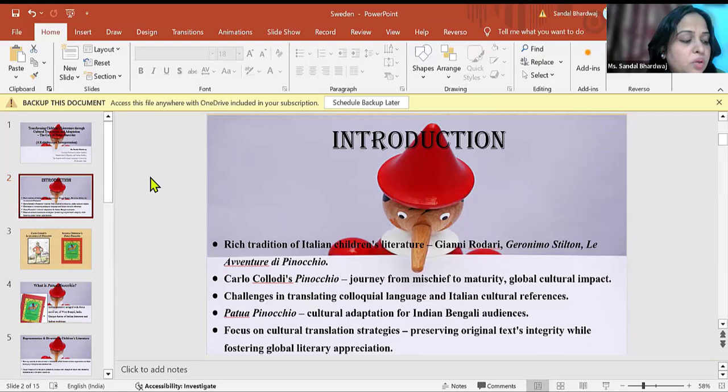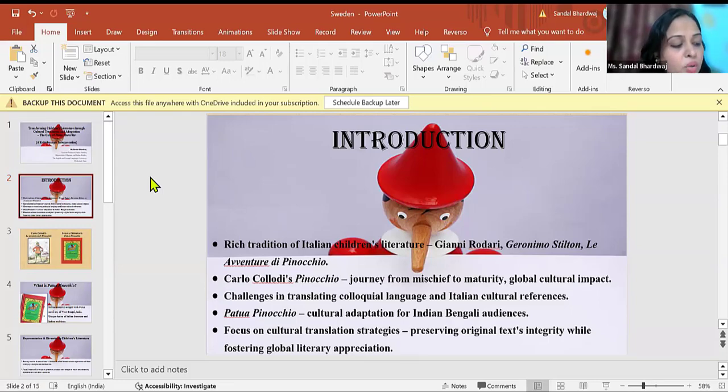Works like those of Gianni Rodari, with his whimsical tales and playful language, and Adventures of Geronimo Stilton, created by Elisabetta Dami, have captivated young readers worldwide. Among these famous works, one classic timeless work which represents the heart of Italian storytelling is Le Avventure di Pinocchio, The Adventures of Pinocchio.